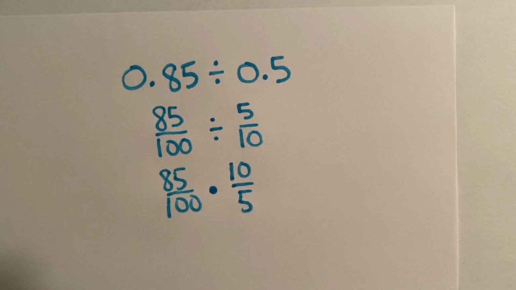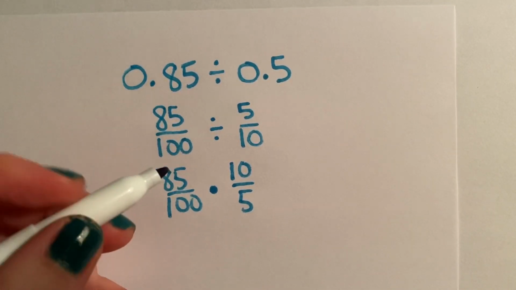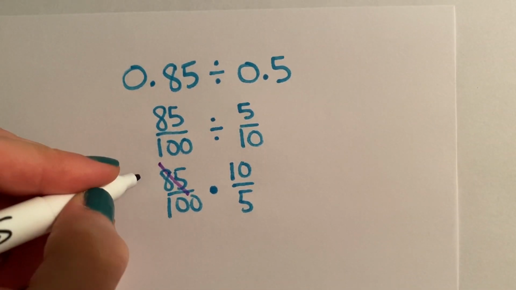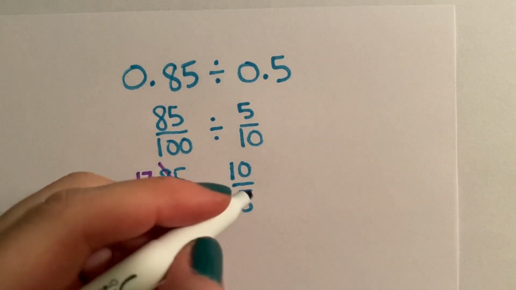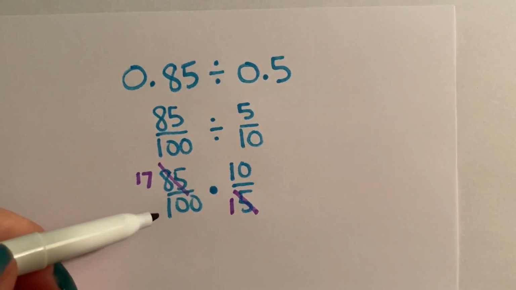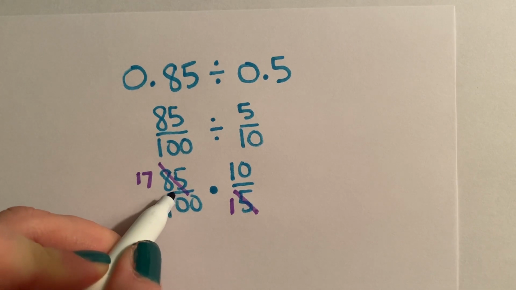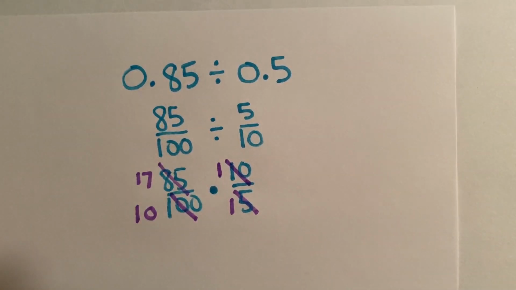I do see some cross canceling I can do. Starting with this diagonal, I can divide both of these by 5. So 85 divided by 5 is going to give me 17. And if you didn't know that, you could certainly long divide that off to the side. And 5 divided by 5 is 1. And here on this diagonal, I can divide by 10. 100 divided by 10 is 10. And 10 divided by 10 is 1.